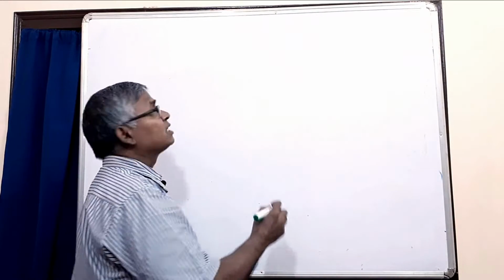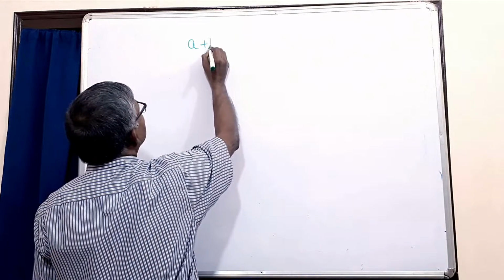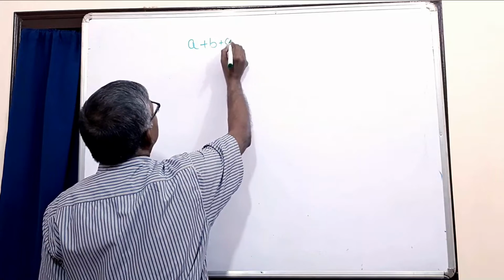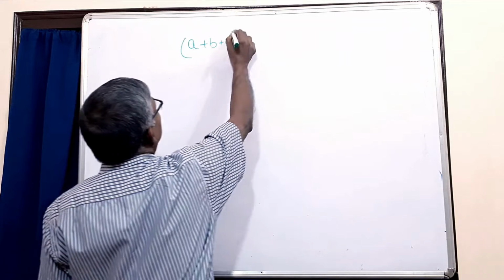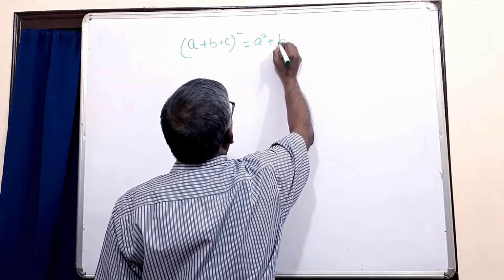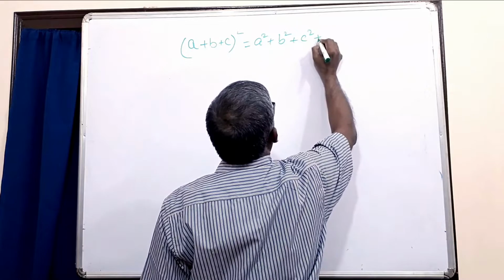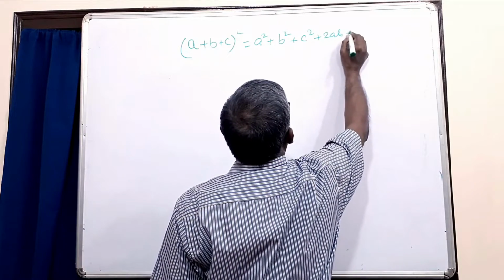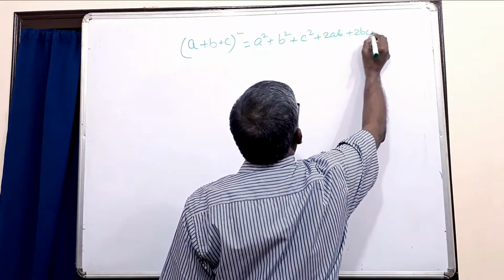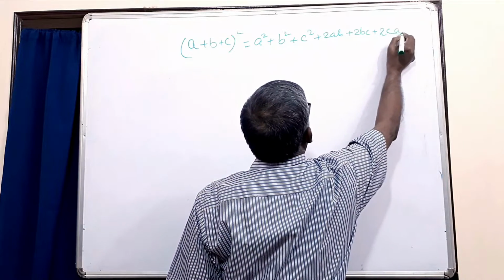Students, here a plus b plus c whole square equal to a square plus b square plus c square plus 2ab plus 2bc plus 2ca.